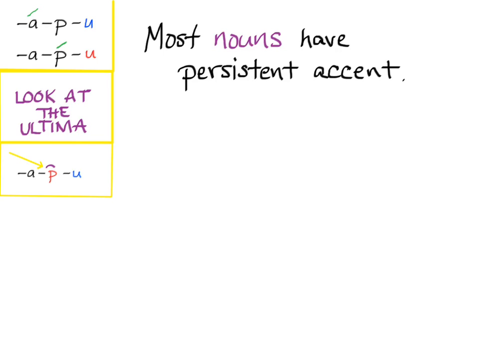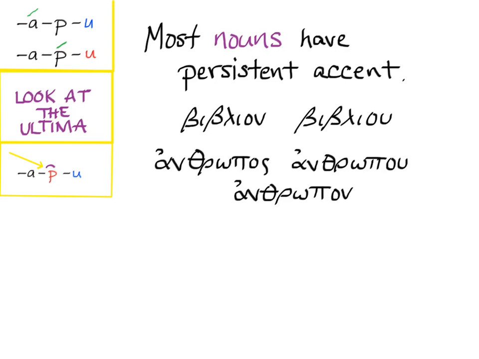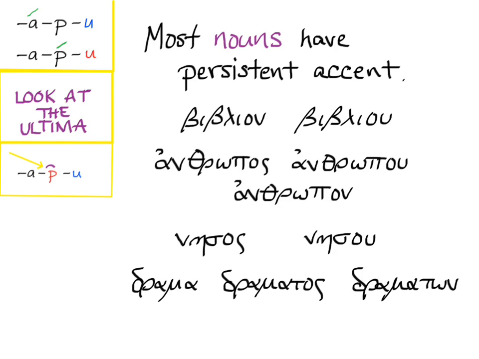Let's look at the forms for the word for book, the word for man or human being, the word for island, and the word for drama. Biblion wants to keep an acute over the iota in the second to last syllable. So when it changes to bibliou, of a book, and that last syllable becomes long, there's no problem, since an acute is happy over the penult no matter what the length of the ultima.